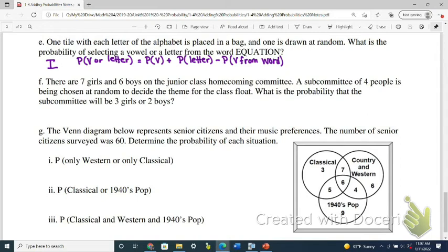So there are 5 vowels in the alphabet, and there's 26 letters, A, E, I, O, and U. There are 8 letters in the word equation.